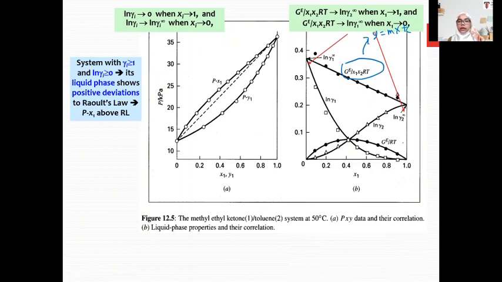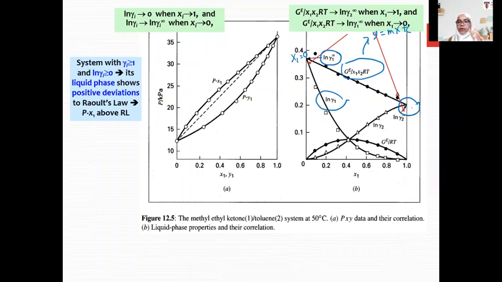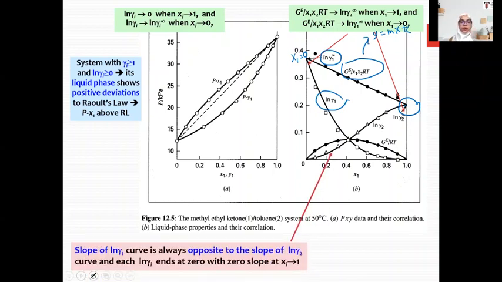From this linear line, at x1 equal to 0, we can obtain the value of log gamma at infinite dilution. When you plot log gamma 2, it gives us the value of log gamma at infinite dilution for component 2. So from this data, it gives another expression that we can further explain later.